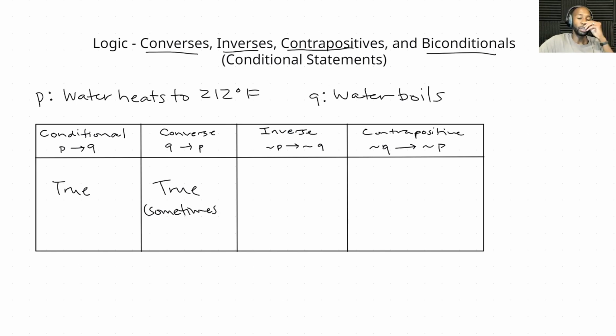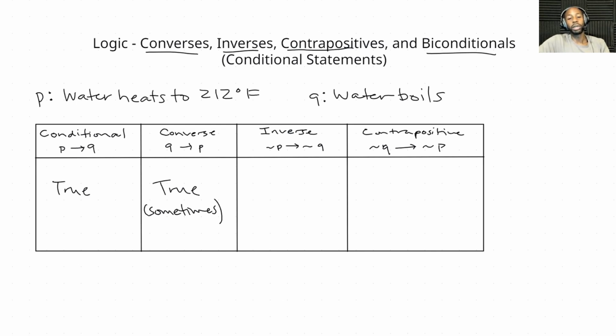There are converses of conditional statements where they may not necessarily be true. And the same is true for the inverse. So let's look at the inverse. The inverse in this case would say if water doesn't heat to 212 degrees Fahrenheit, then water doesn't boil.